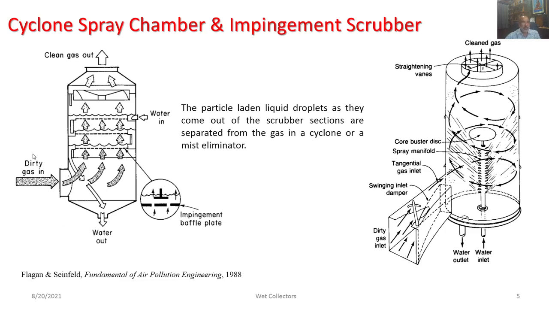Essentially, these various models assist in varying the interaction between the particle and gas droplet so as to achieve better separation of the particles. Whatever the model, the particle-laden liquid droplets, as they come out of these scrubber sections, are separated from the gas in some cyclonic or mist eliminator kind of arrangement.